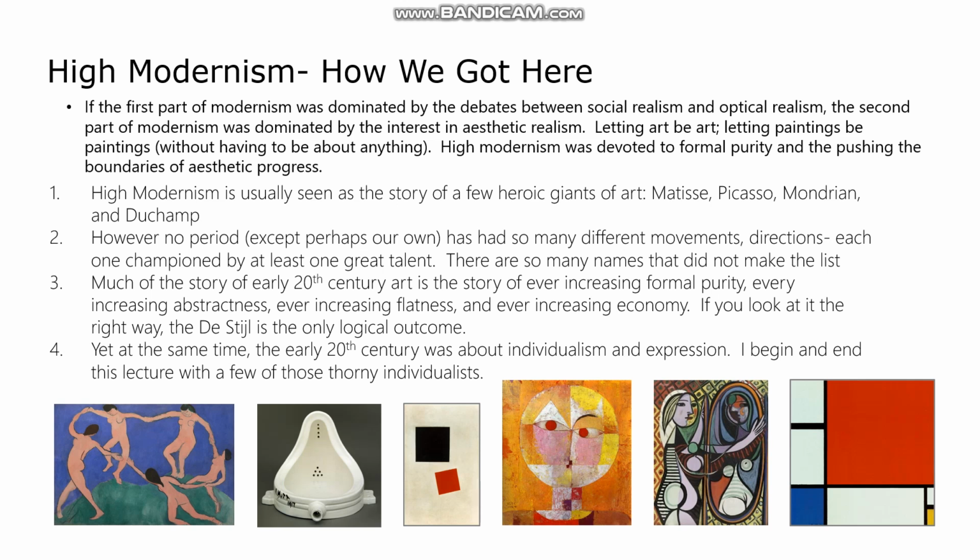Another part of modernism that is going to become increasingly important is the role of the artist. If you remember when we talked about romanticism, the role of the artist was extremely important in the romantic period. But there, the artist was seen as in opposition to society. The artist would often remove himself from society because he was misunderstood and because he was so special and different from society.